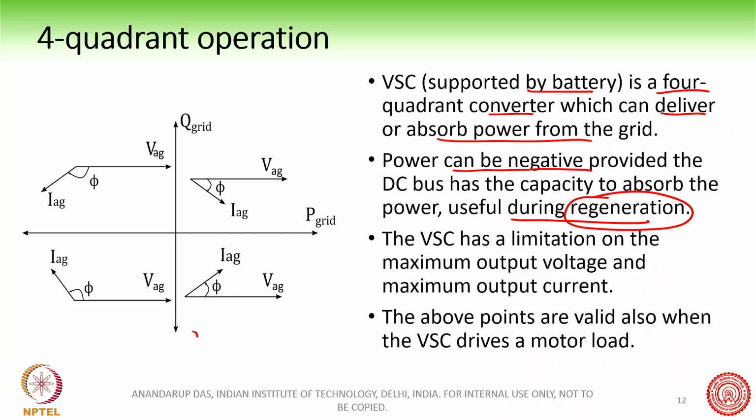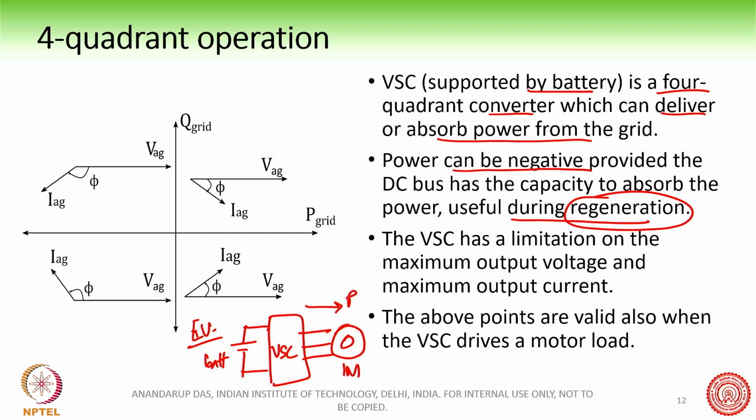So this goes to, say, a PMSM here or an induction motor, whatever. So we have the EV, and this is the battery. When the induction motor is in the motoring mode, that is, it is driving the wheels of the car, then the power is going this way.